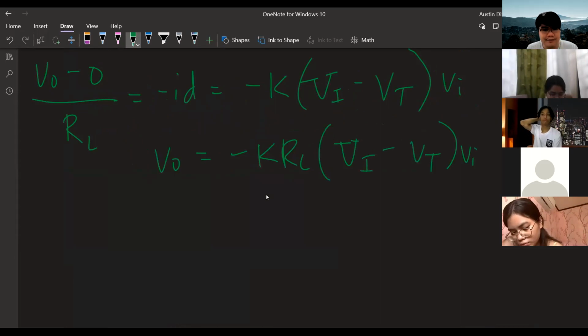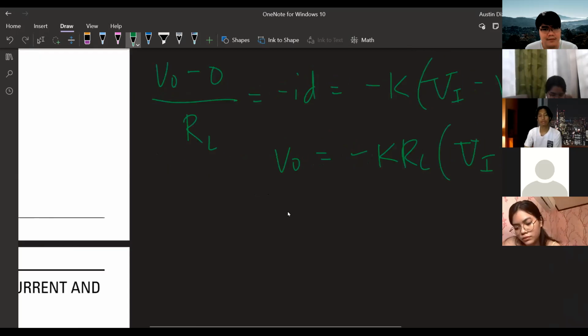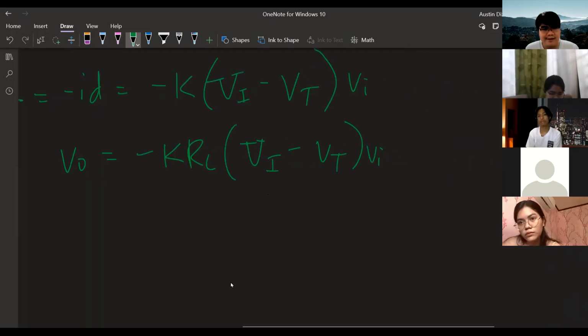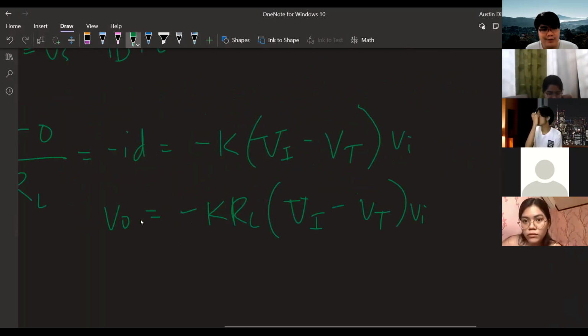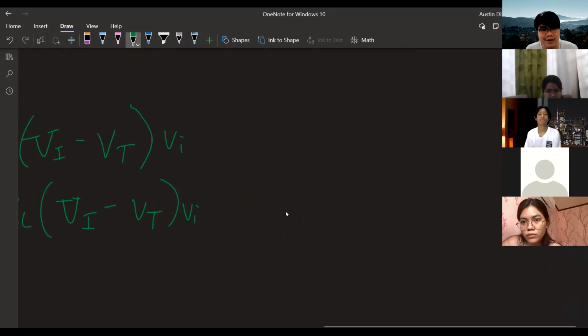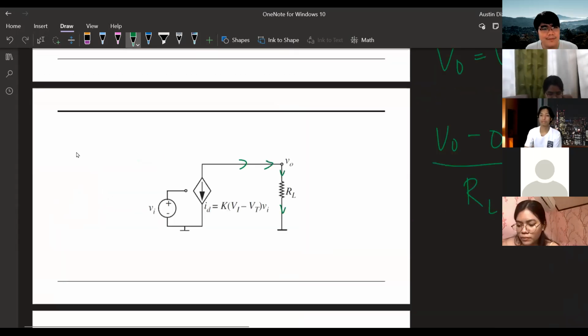Okay? Okay, nice. Kunin natin yung small output voltage. Therefore, your total voltage is just your capital plus the small signal. It's nice.